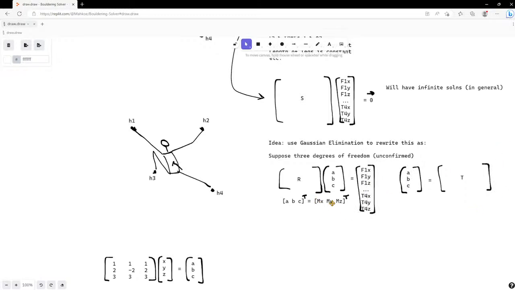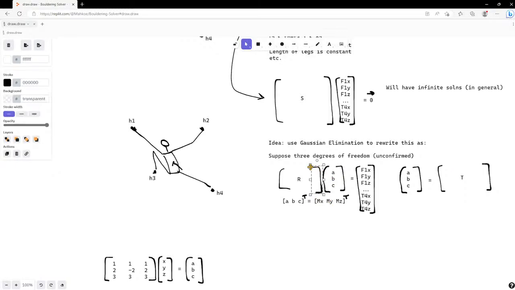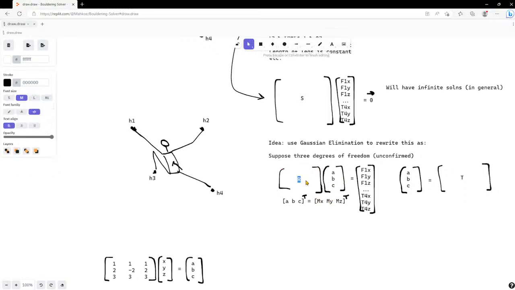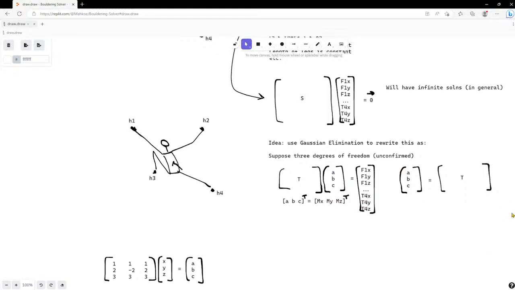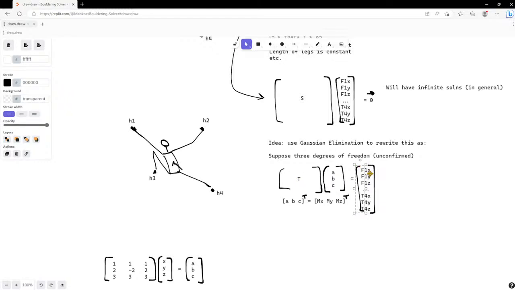In other words, these are your degrees of freedom, and there is some transformation matrix, which I will end up calling T. So these are your degrees of freedom. You control this. There's some transformation matrix T that spits out this vector here such that when you plug it in here, you get 0.